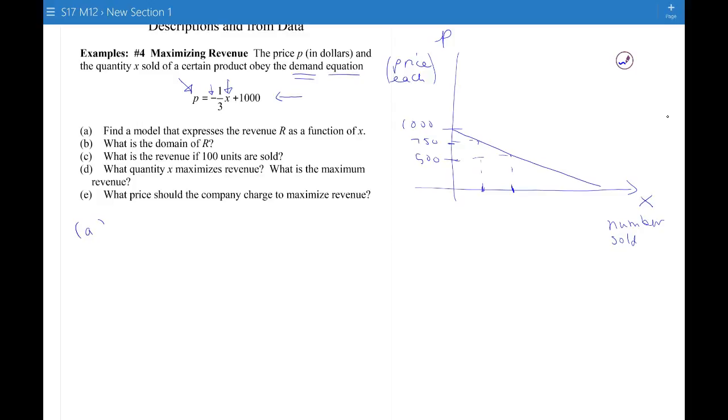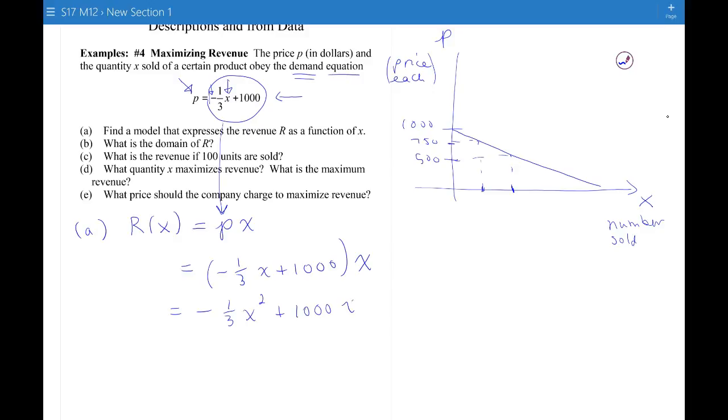So let's find a model. So that means an equation, a mathematical model that expresses the revenue as a function of X. So we said on the previous page that revenue equals P times X. So now we take this expression that's equivalent to P and we put it in here in place of the P. And we see that we get negative 1/3 X squared plus 1,000 X. So this is the revenue function.